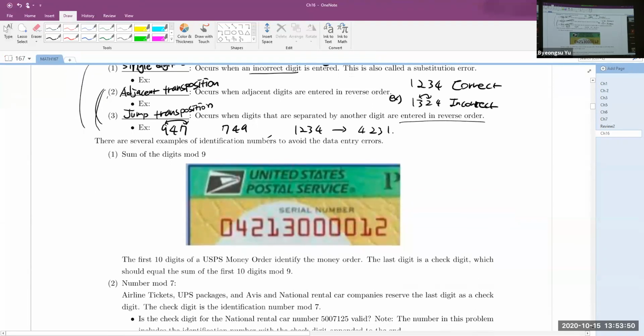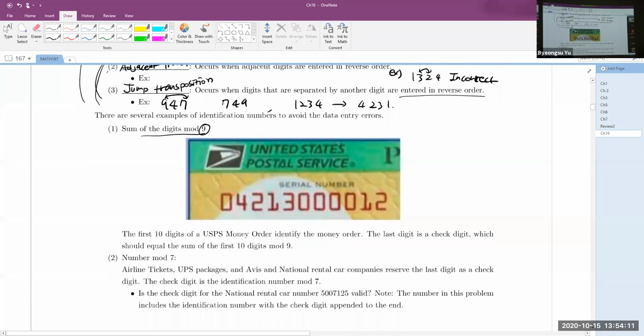And to deal with this, let's see some examples of identification numbers. The first example is the sum of the digits mod 9. When you buy a money order, maybe you know what a money order is, right? When you go to your post office, you can buy a money order instead of real money to avoid cash cheating or cash fakes. When you get the money order, it comes with a serial number.